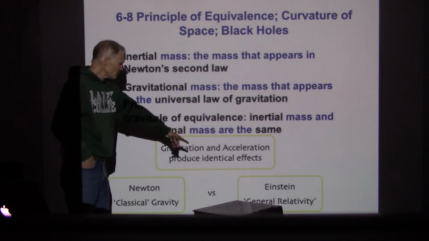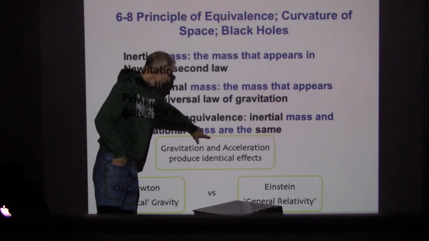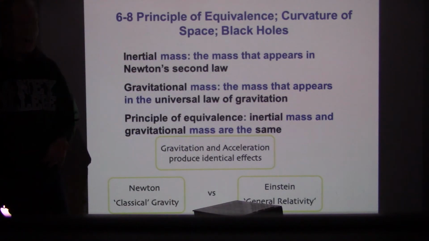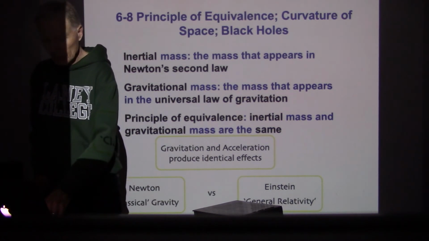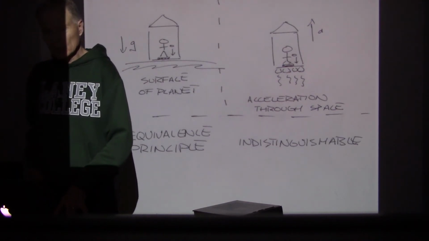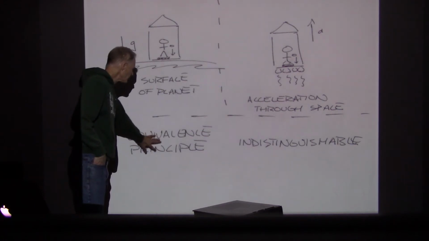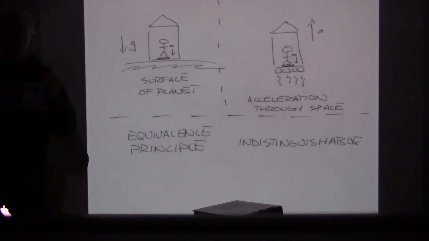What Einstein's general relativity is based on is the idea that gravitation and acceleration produce identical effects. Now, we've already seen that from Newton's description, but Einstein took that effect one step further. Einstein said, look, this is what we call the equivalence principle, or the indistinguishability between acceleration and gravity.